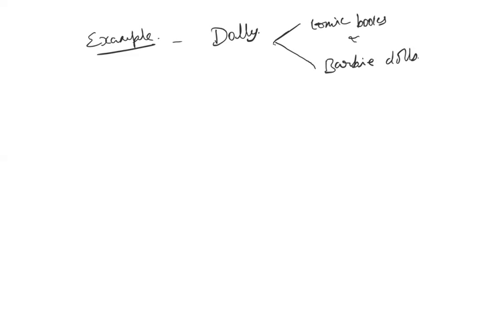Normally, in actual practice, no consumer would like to have only one commodity, isn't it? We all like to have different varieties of commodities, so in our consumption basket we want to put different varieties. In Dolly's consumption basket, let us take two commodities, comic books and Barbie dolls. Maybe she likes more, but the example of two commodities is applicable to all the other commodities.